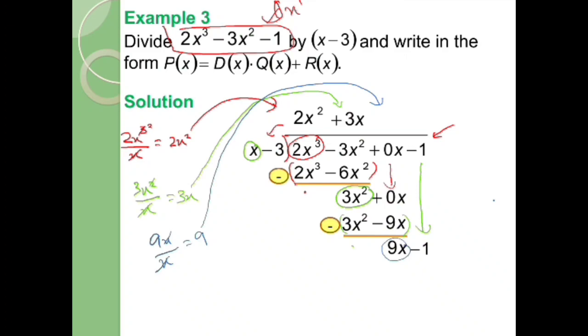Now, multiply this with the divisor. So 9 times x is 9x. 9 times negative 3 is negative 27. Write a minus sign in front and put a big bracket there. Make sure your first term is 0. 9x minus 9x is 0, so it's correct. So negative 1 minus negative 27 is positive 26.